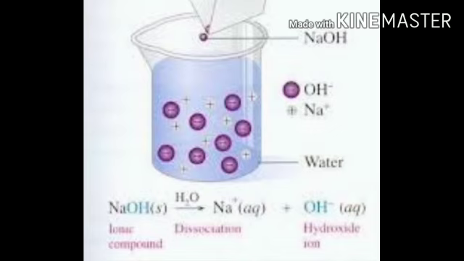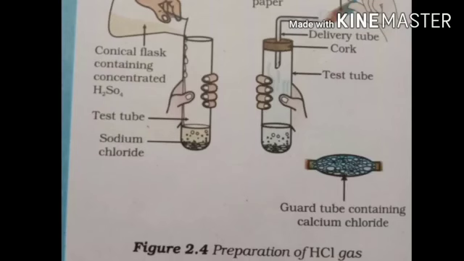Those bases which dissolve in water are called alkali. So, we can conclude that all acids and bases, when dissolved in water, dissociate into ions, and due to these ions, they show their acidic and basic properties.